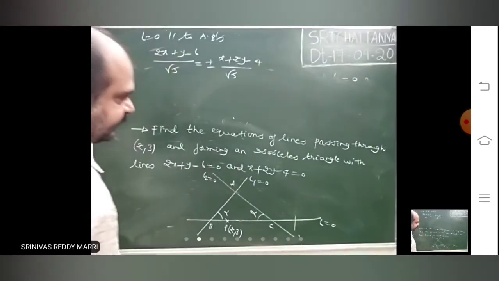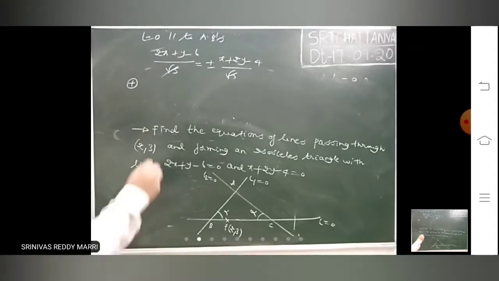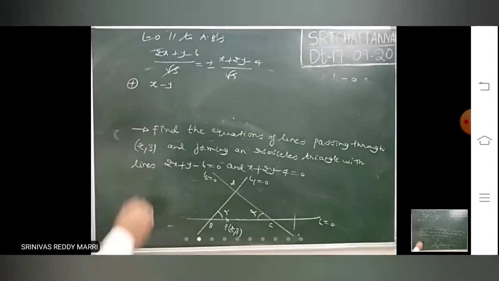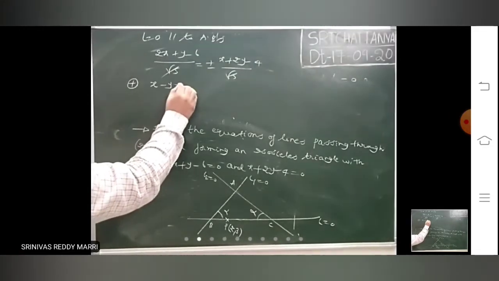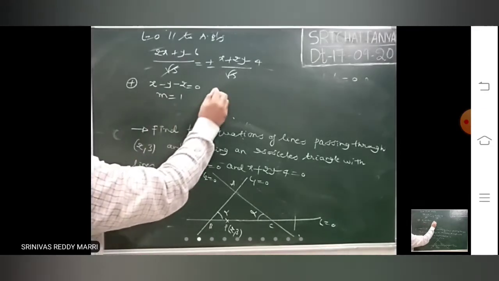Just to find the slope of this line. So root 5 cancels. If you take plus, you will get x - y - 2 = 0. The slope of this line is what? 1.